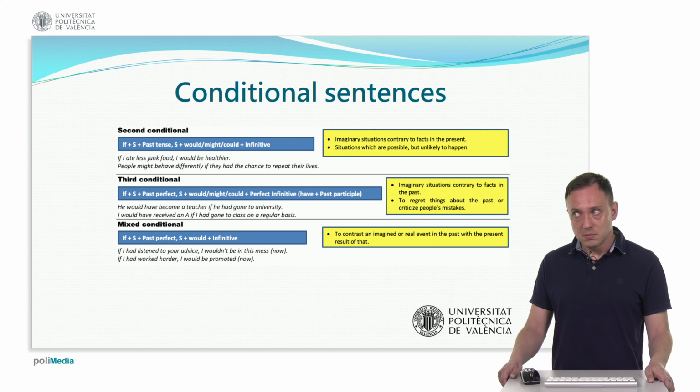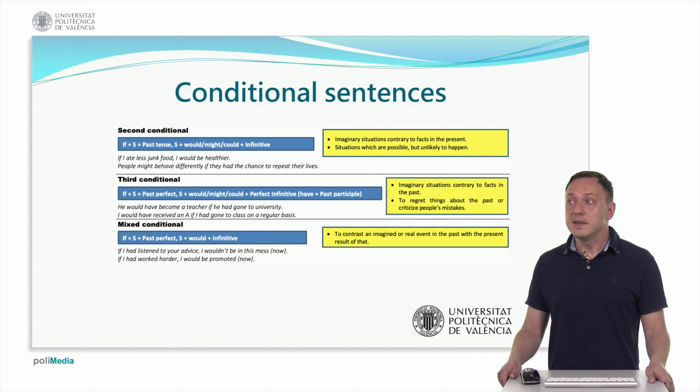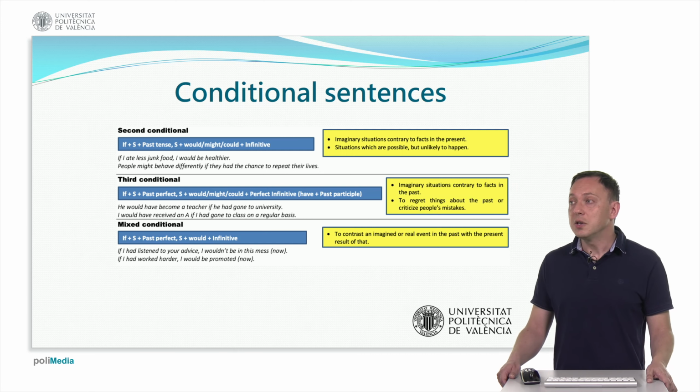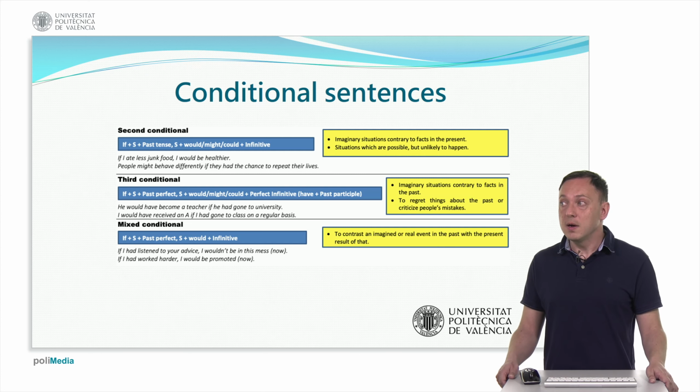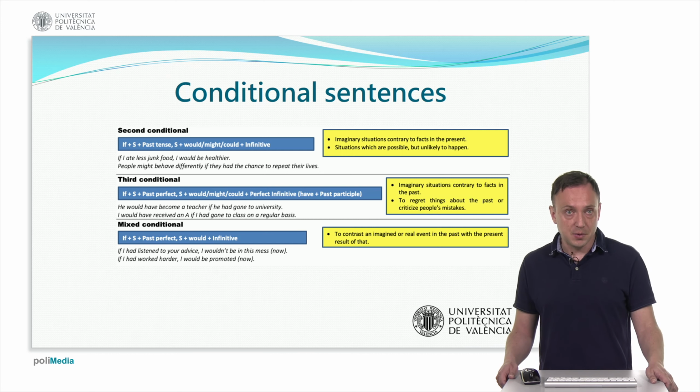Third conditional, the structure is if, subject, past perfect, comma, and for the second clause, you have subject, would, might, or could, perfect infinitive, that is have, plus past participle.